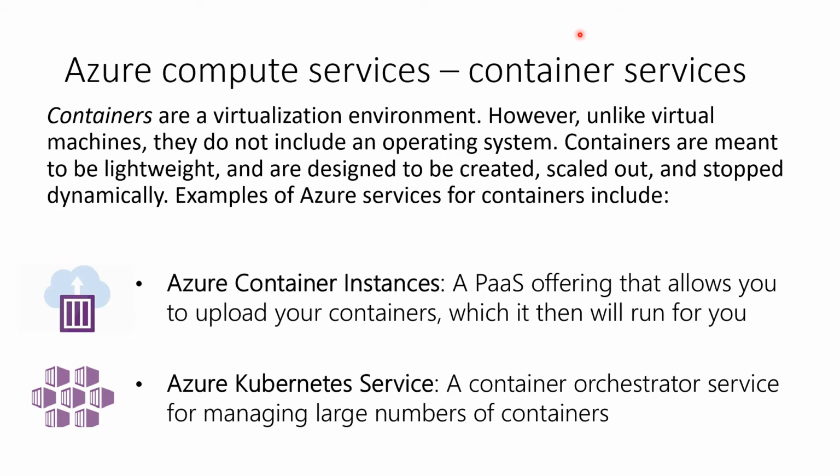And when we talk about ACI, we also talk about the Kubernetes services at the same time, because the task of automating and managing a large number of containers, and how they interact with each other, is known as orchestration.